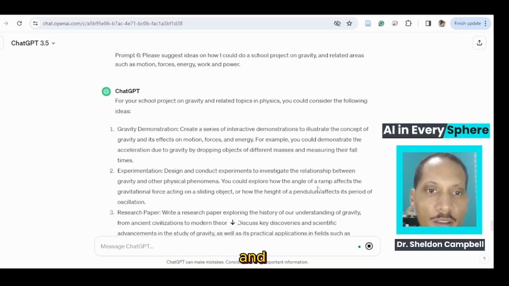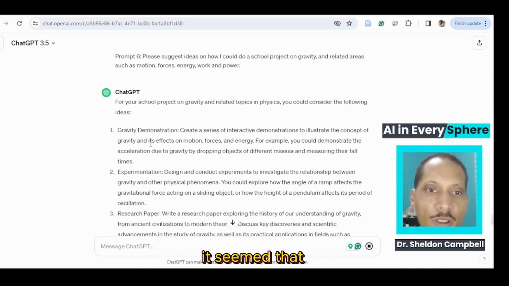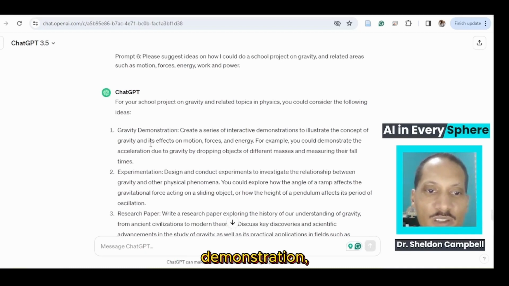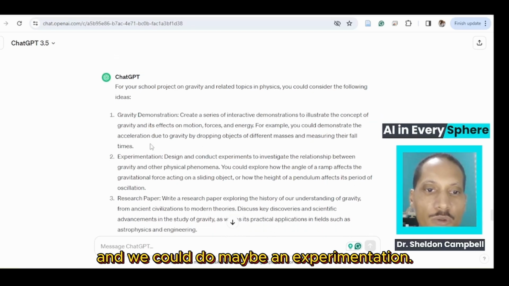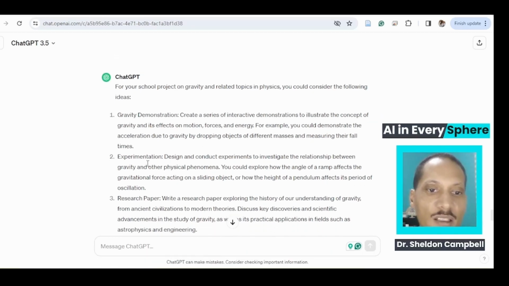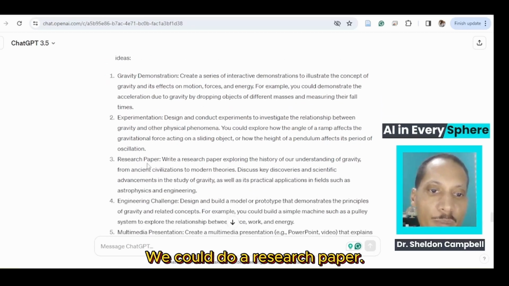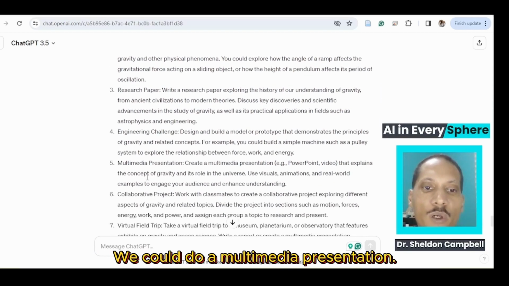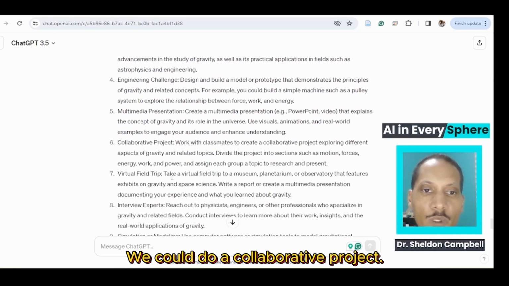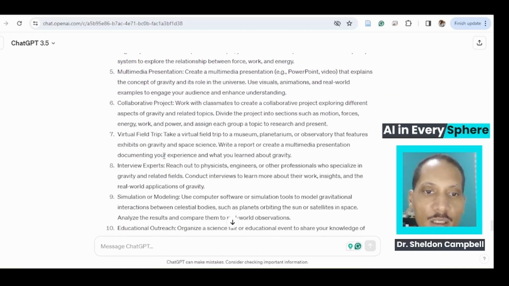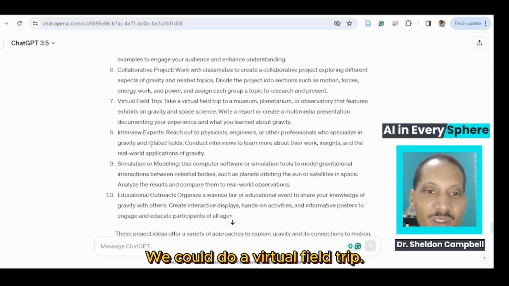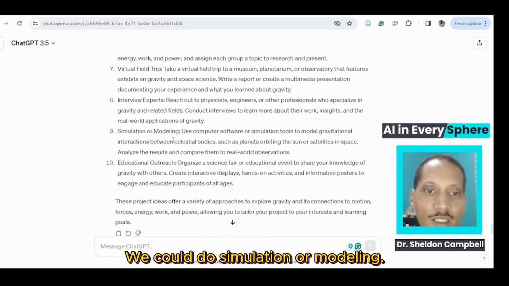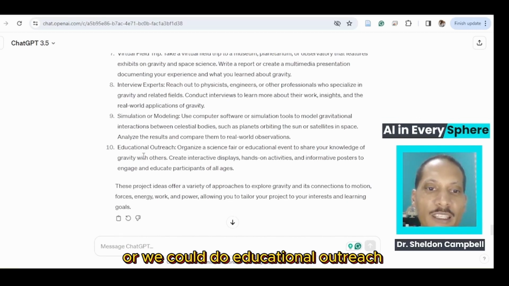And it's saying that what we could do is maybe we could have a gravity demonstration, we could do maybe an experimentation, we could do a research paper, we could do maybe an engineering challenge, we could do a multimedia presentation, we could do a collaborative project, we could do a virtual field trip, we could interview experts, we could do simulation or modeling, or we could do educational outreach.